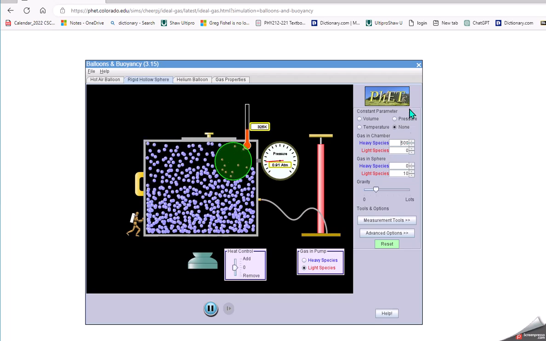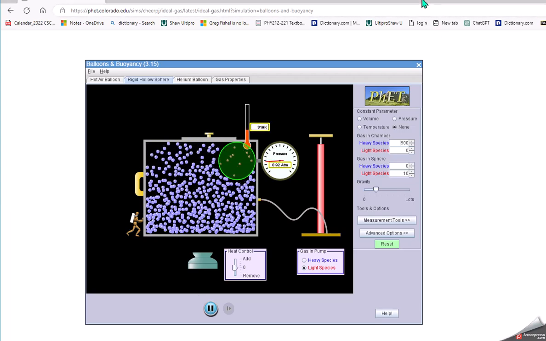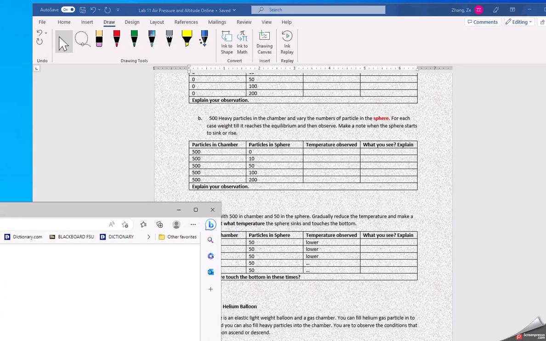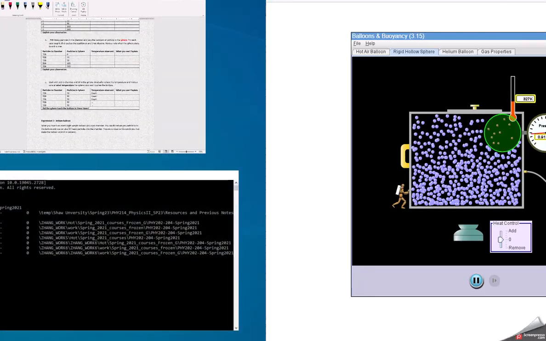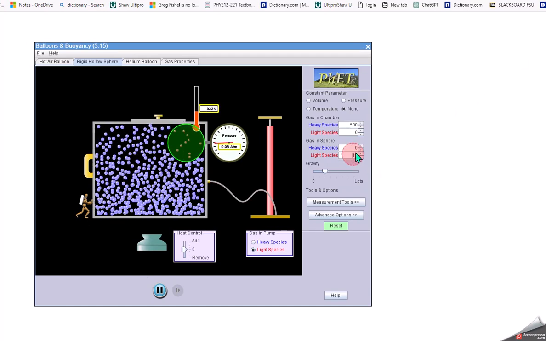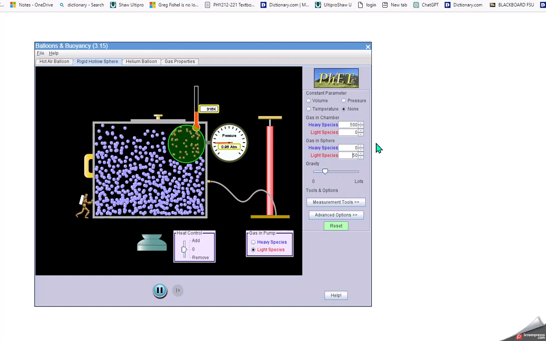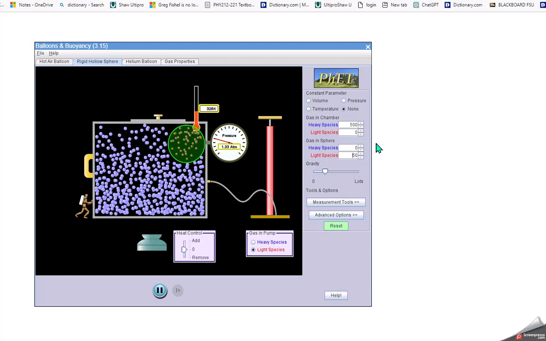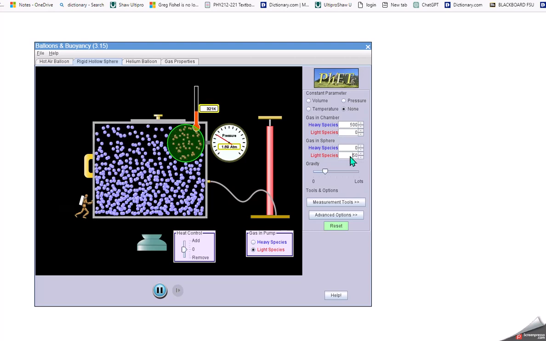But now if you keep on adding more, as I want you to do, inside the sphere, and see what's happening. So now instead of 10, let me get say 50. So there are 50. I see it dropped a little bit.